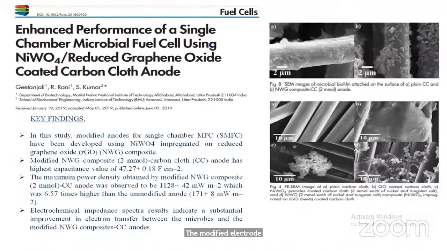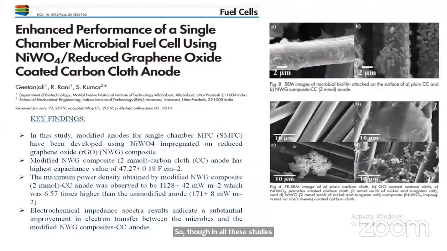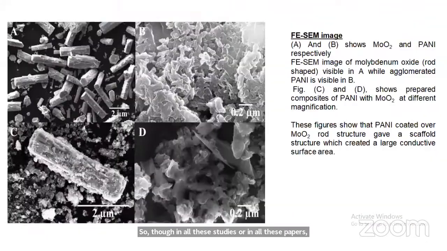Though in all these papers, data is presented with respect to anode modification, in our lab we are also working on cathode modification, and our main target in cathode modification is to reduce the dependence on very costly elements. As I told you, platinum or platinized carbon is very commonly used as a catalyst in the cathode.